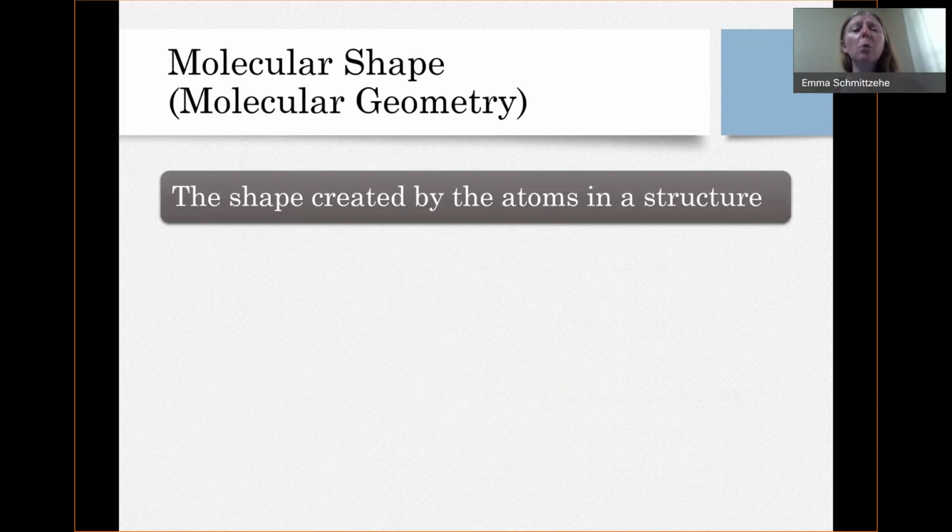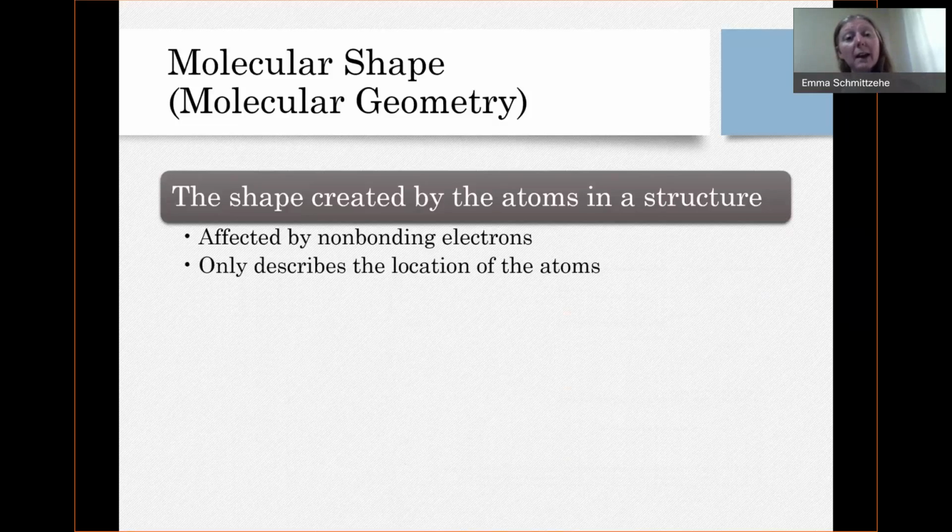But most often we're more interested in just the actual atoms coming off. And so the molecular shape or molecular geometry is telling us just about the arrangement of the atoms. If there's lone pairs or lone electrons, they do actually affect the arrangement of those atoms because they take up space and are pushing things away, but they're not part of the description of the shape of the molecule. So the molecular shape is focused on what kind of shape is created by the atoms.